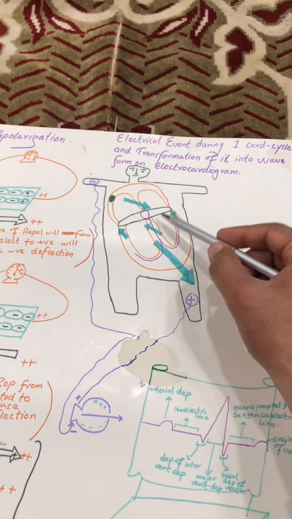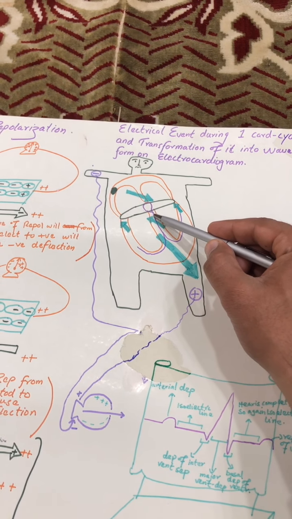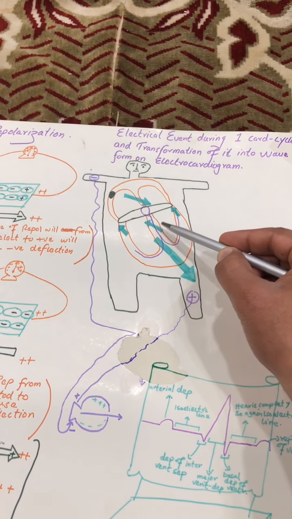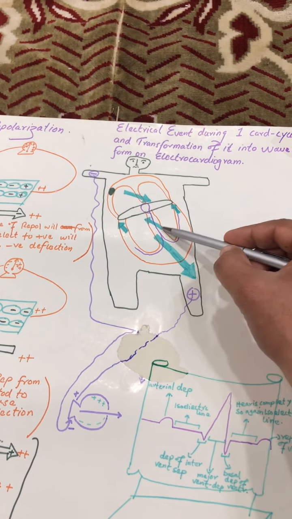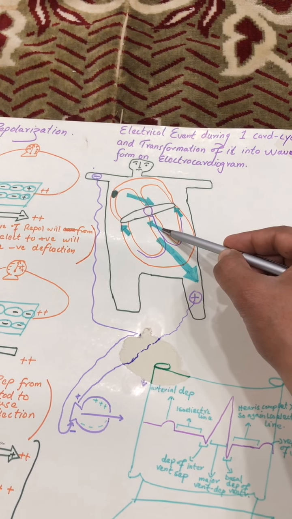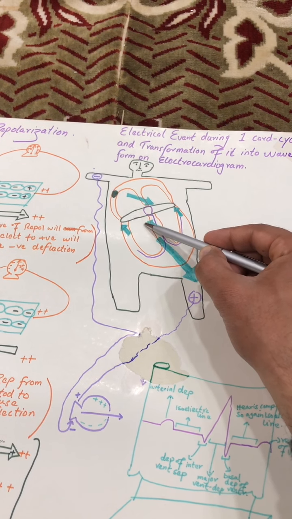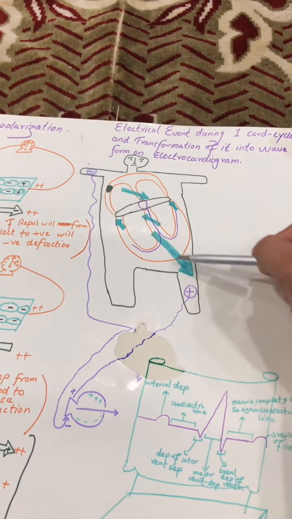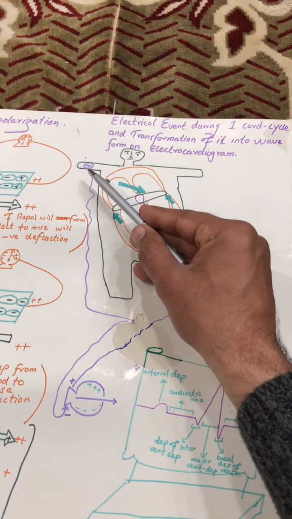Well, so after that, the current from the AV node will go to the interventricular septum. Okay, and when the interventricular septum gets depolarized, the current enters like this and goes like this in the interventricular septum. This is a wave of depolarization, and look here, it is going away from this positive electrode and towards this negative electrode.